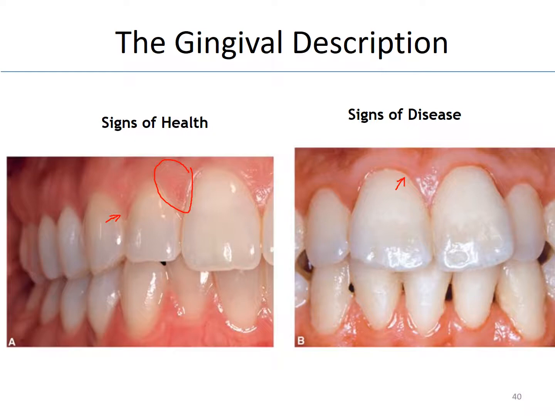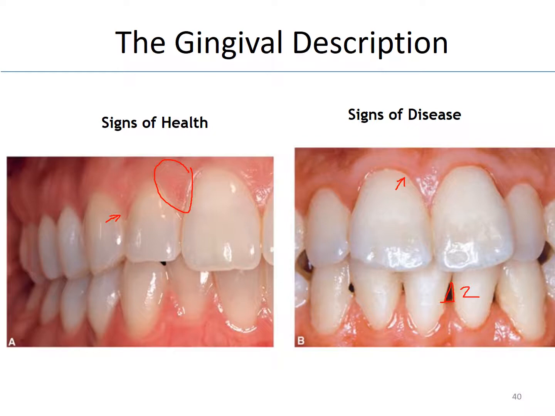But then you go over to the right side and you're going to see some marginal erythema, so marginal redness, right? Notice how these embrasures are not filled, okay? This would be a type 2. So, also notice the alignment of the teeth. Notice that there's a little more crowding on the maxillary, or on the right side, than there is on the left side.